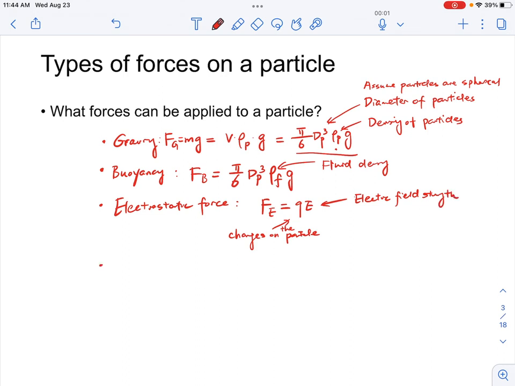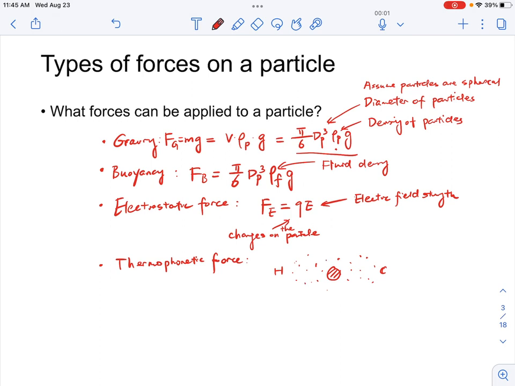Okay, so there can also be thermophoretic force. Basically, if you have a particle that's in a temperature field, you have a hot side and a cold side, so the air that's surrounding the particle is going to have different kinetic energy, right? They're going to have different speed.